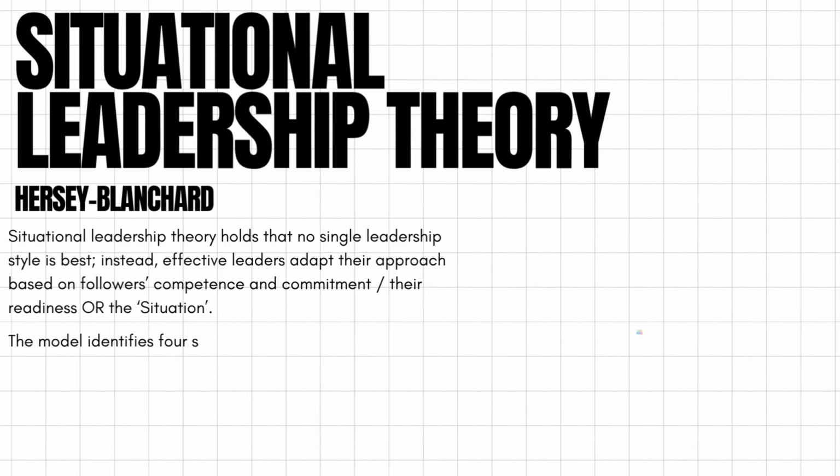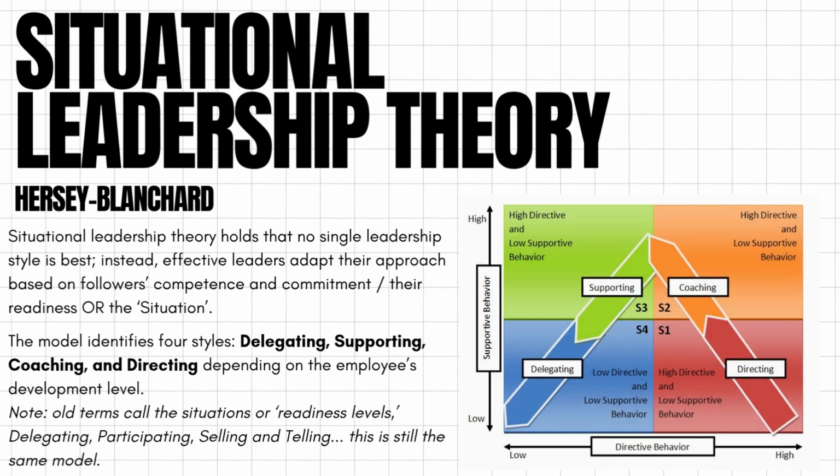Number 3. Situational leadership theory. Hersey and Blanchard. Situational leadership theory holds that no single leadership style is the best. Instead, effective leaders adapt their approach based on followers' competence and commitment, or their readiness or the situation. The model identifies 4 styles: delegating, supporting, coaching, and directing, depending on the employee's developmental levels.